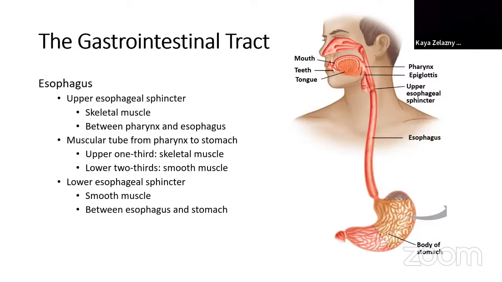If it's not working quite right, that's part of what causes gastric reflux, like heartburn. It's partially about the acid from the stomach getting back up into the esophagus, even if you're not actually vomiting. So that's the job of that sphincter.